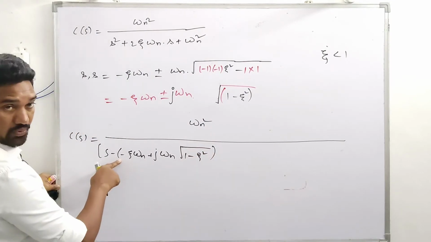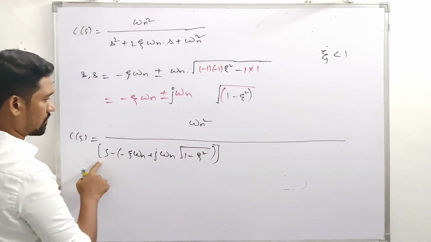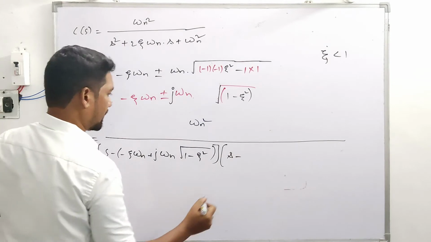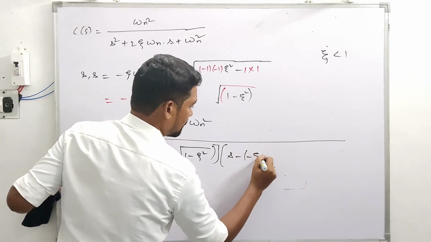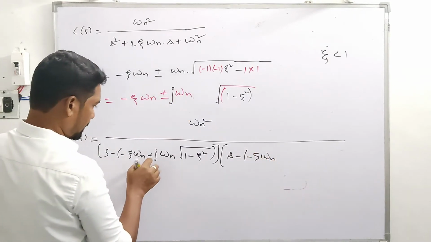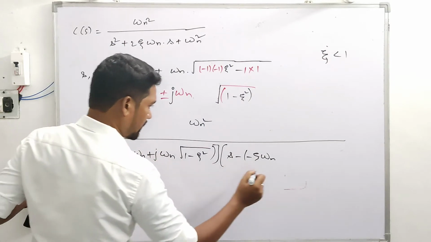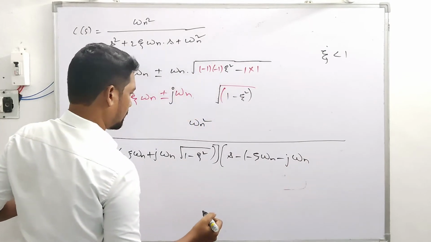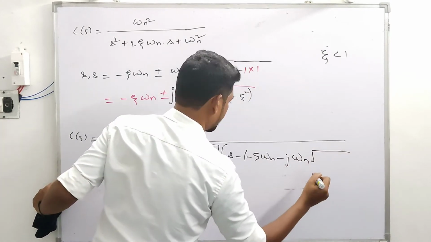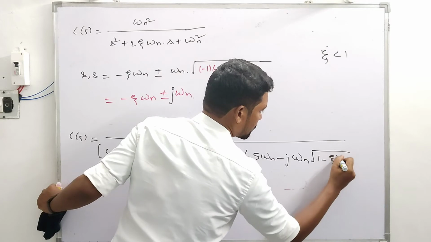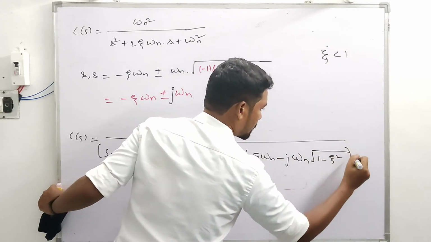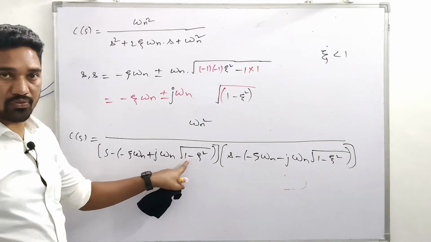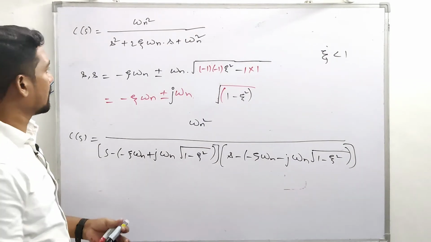Close the bracket for this one and close the bracket for this one. Another root is s minus of minus zeta omega n. It's positive for the first root, it should be negative for the second root, j omega n into under root 1 minus zeta square. So guys, be careful for this one and for that one. All right, previously it was zeta square minus 1, now it's 1 minus zeta square. All right, keep that in mind.